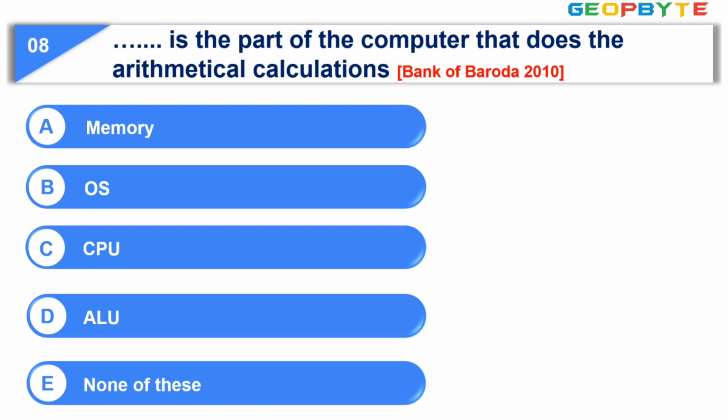Option E, none of these. ALU is the part of the computer that does the arithmetical calculations. So the correct answer is option D, ALU. Arithmetic logic unit is responsible for all arithmetic operations.